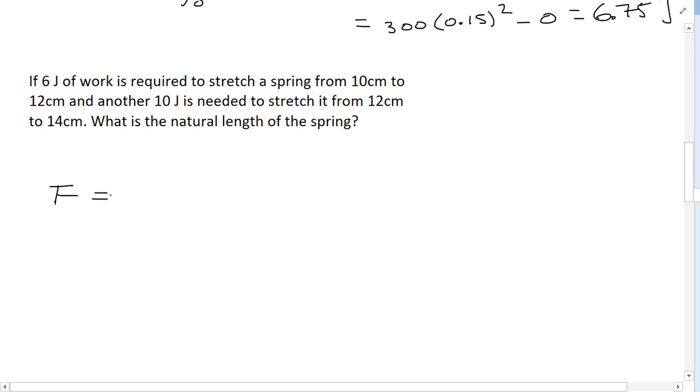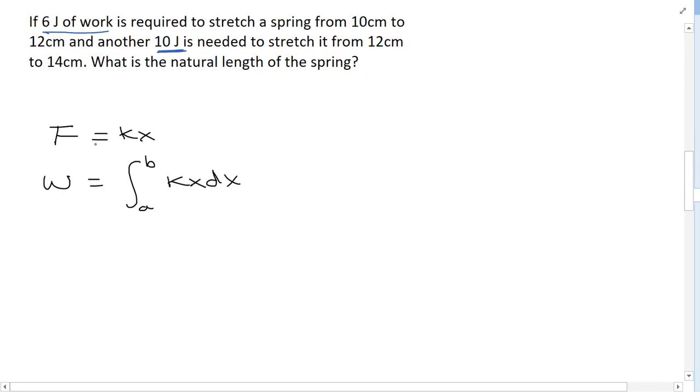Remember, force for a spring is Kx, and the work in stretching or compressing the spring is the integral from A to B of the force times the displacement, Kx dx. In this case we're given work, not force: 6 joules of work, 10 joules of work.